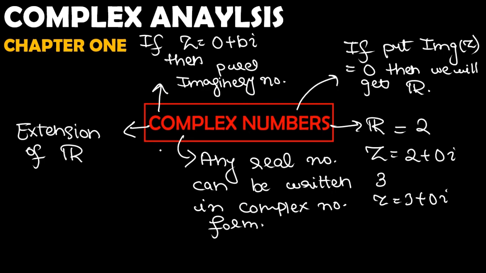Remember that real numbers are a subset of complex numbers, and these are the extension of our real numbers. So this is very important information about complex numbers, and that is all for complex numbers.